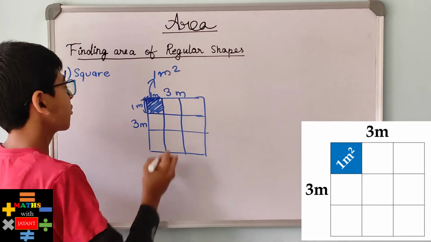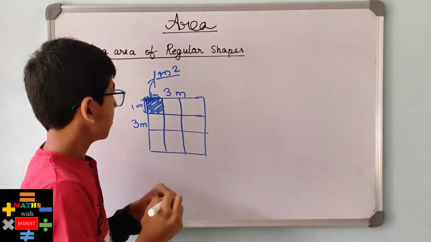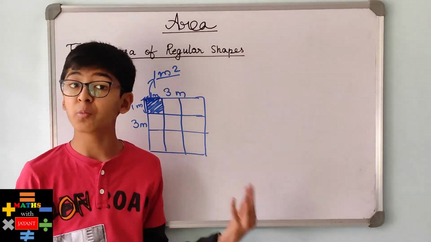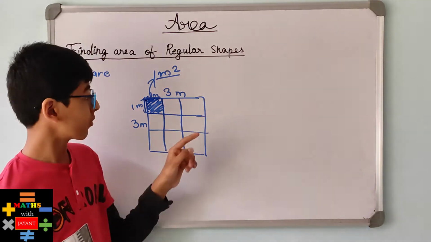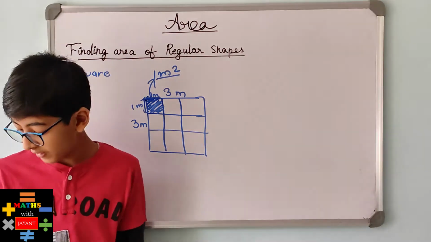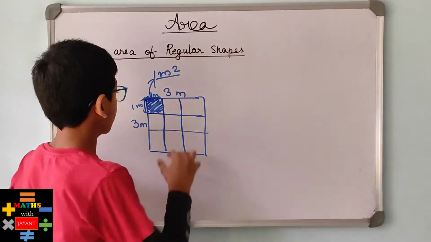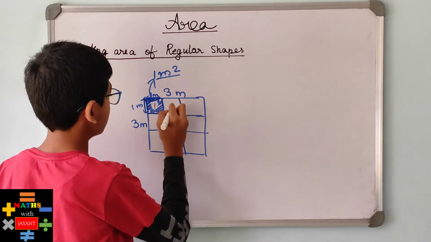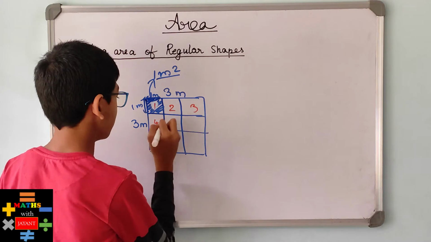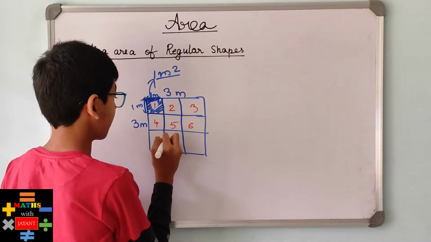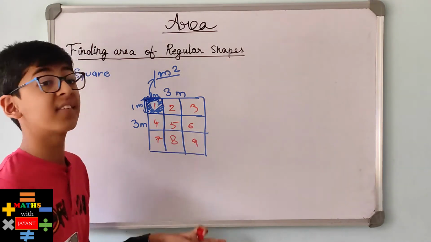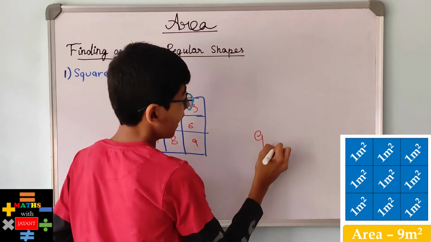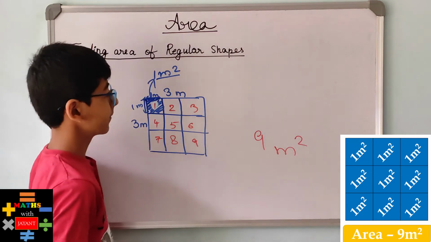Now if the area of one such small square is 1 meter square, how many such squares are there over here? Let us count. That gives 9 meters square.